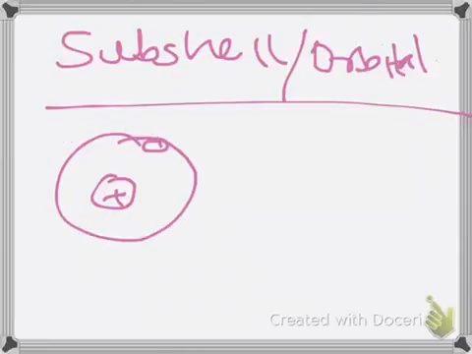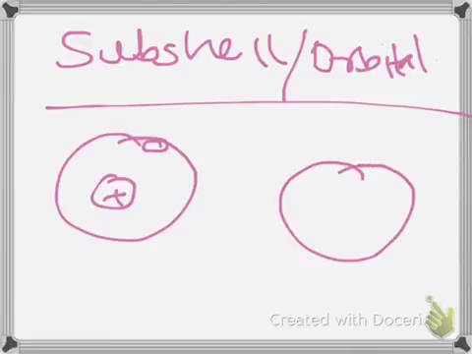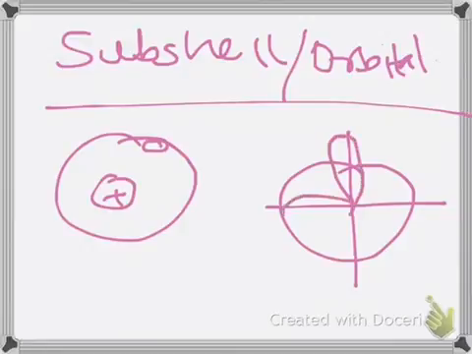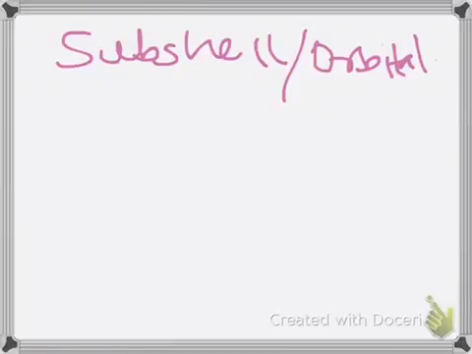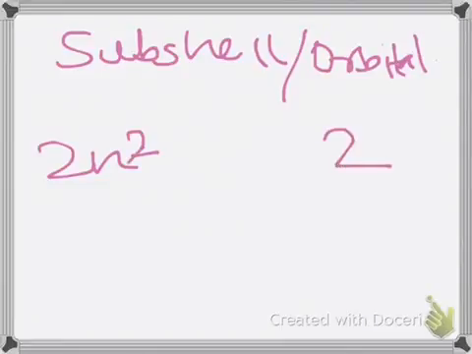But an orbital is basically the three-dimensional space in which the probability of finding an electron is the highest. An orbit can accommodate 2n square electrons, whereas an orbital can accommodate only 2 electrons.